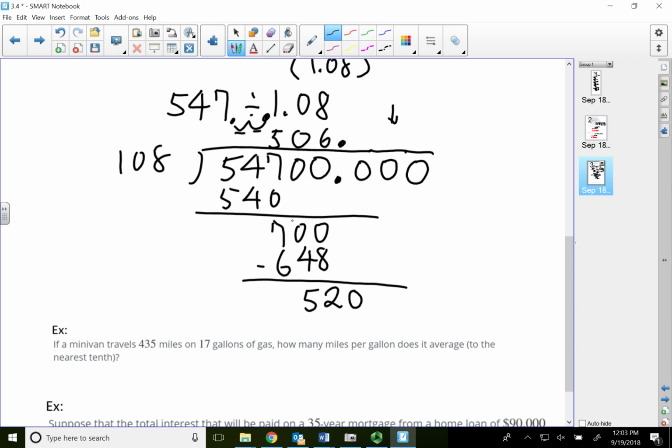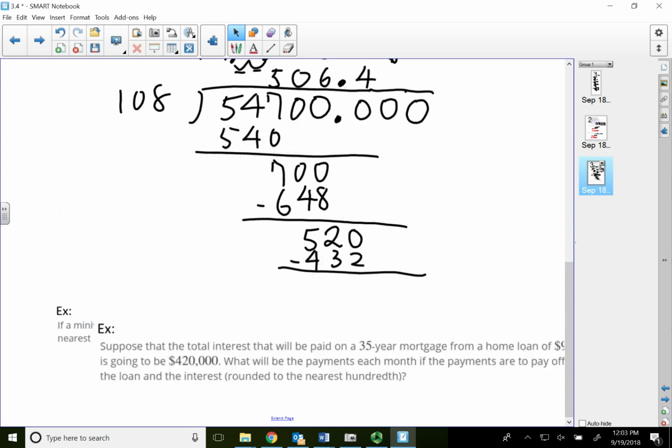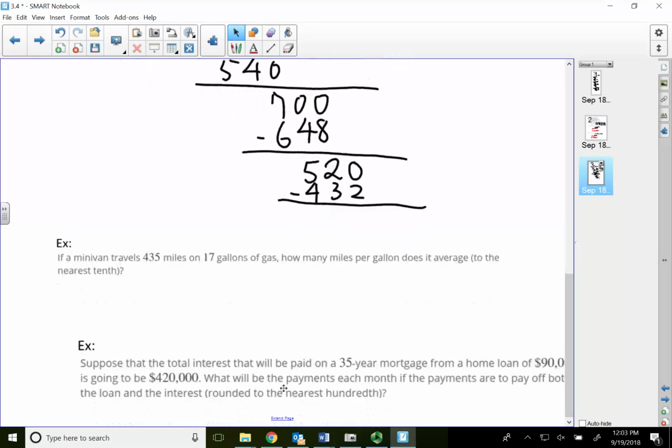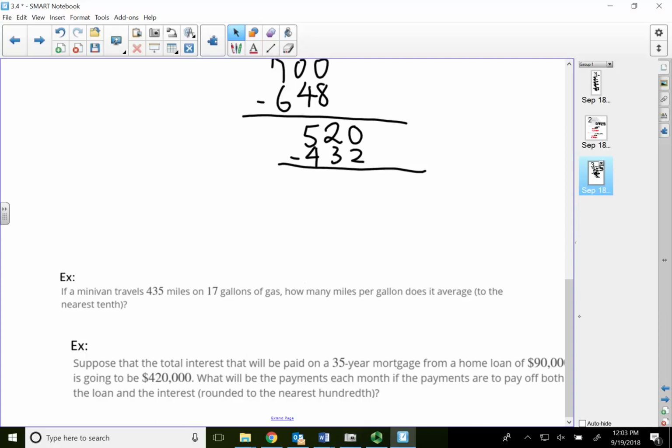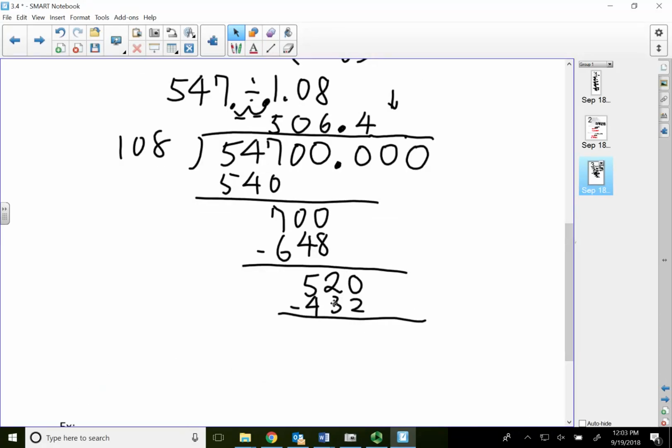So 5 times gives me 540. So 4 times will give me 432. So let's subtract. Let me keep on moving this 2 down here. Ooh, bounce it right back up. All right, if I subtract 20, that's going to be 8, 12, 11 minus 3 is going to be 8.